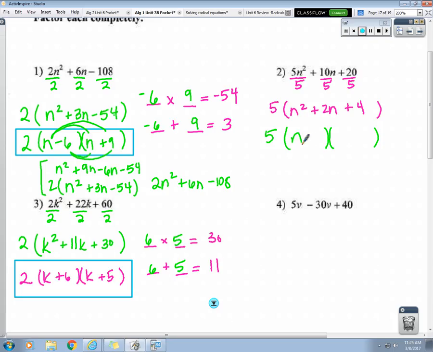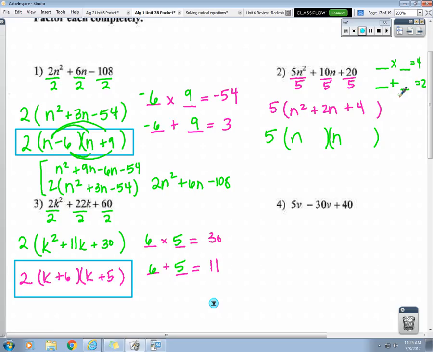So n times n, and then you're looking for numbers that do what? Okay, well 2 times 2 is 4, but it's 2 plus 2, not 10. Right.